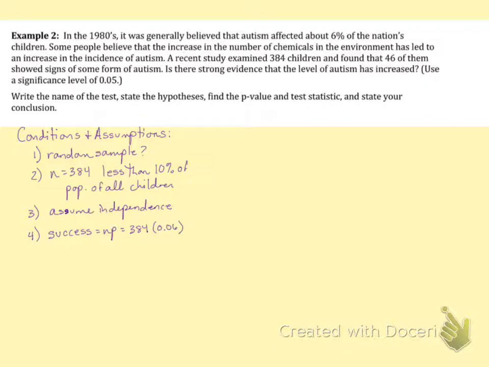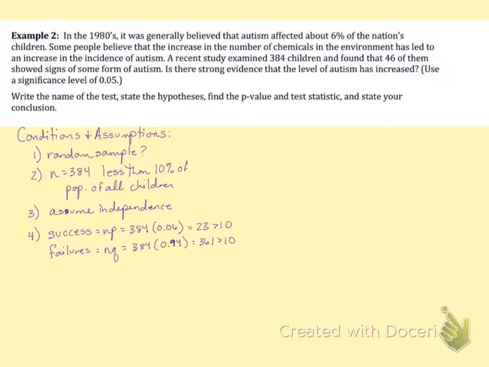If we multiply those, we should get about 23, which is greater than 10. That also means that our failures, which would be 384 minus this 23, or nq, 384 times 0.94, is also going to be greater than 10. So this is 361, which is greater than 10. So we've met all the conditions.